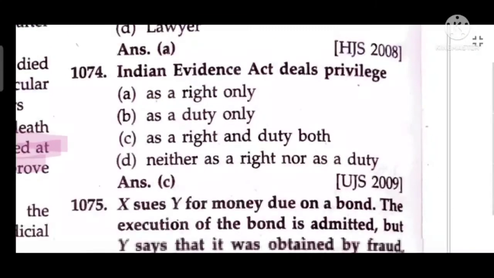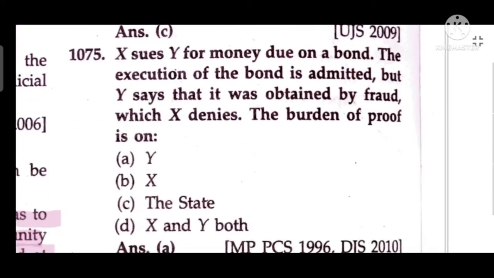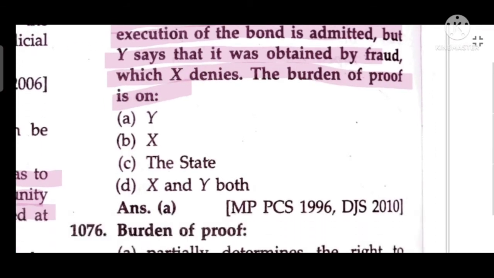The prosecution. Which section of the Indian Evidence Act deals with privilege as to the right of duty? X sues Y for money due on a bond. The execution of the bond is admitted. Y says that it was obtained by fraud, which X denies. The burden of proof is on Y.